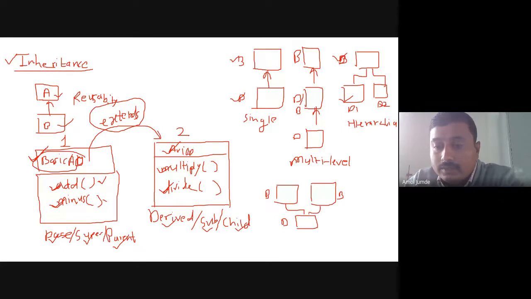This is controversial because let's say we have a print method here, and a print method here also. Now which function will be called here? That creates a controversy, right? So this is known as multiple inheritance, multiple parents.